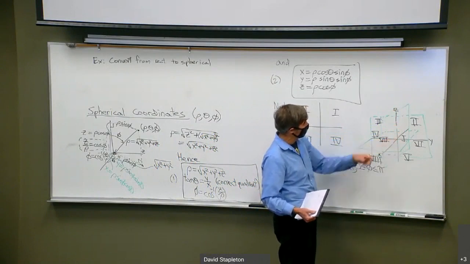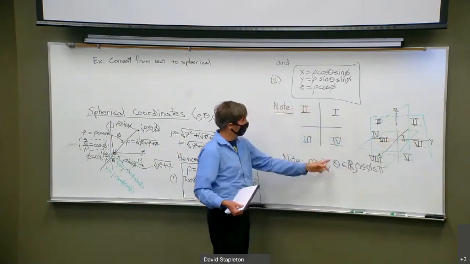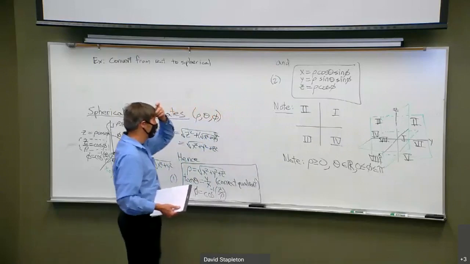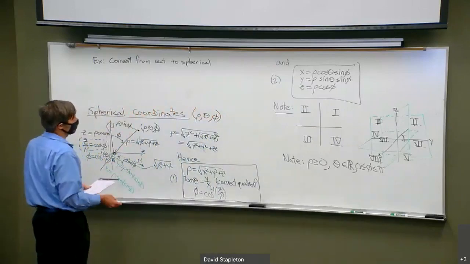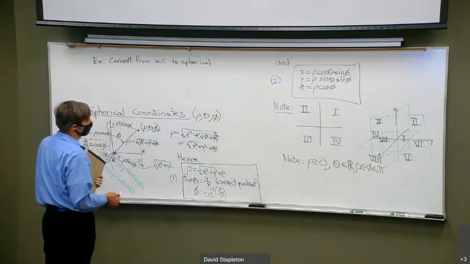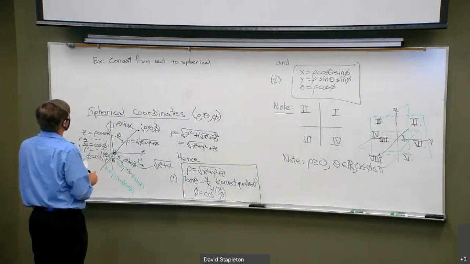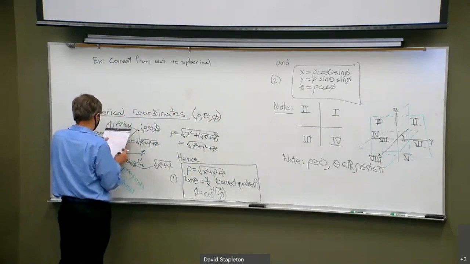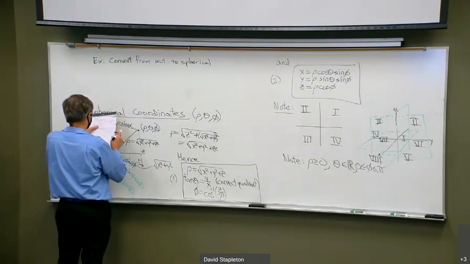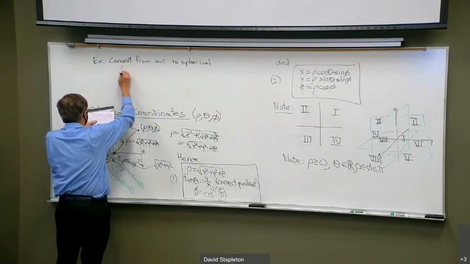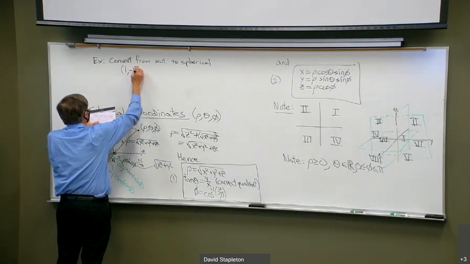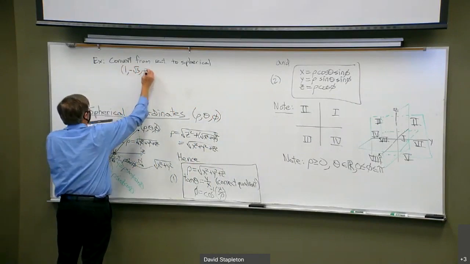And if you're at the origin, then you just put rho equals 0, and both theta and phi can be anything. So there are those ambiguities in coordinates. You can have an infinite number of coordinates that describe the same point, but once you give a triple, it identifies it. First, from rectangular to spherical, the following point: 1, minus square root 3, minus 2.